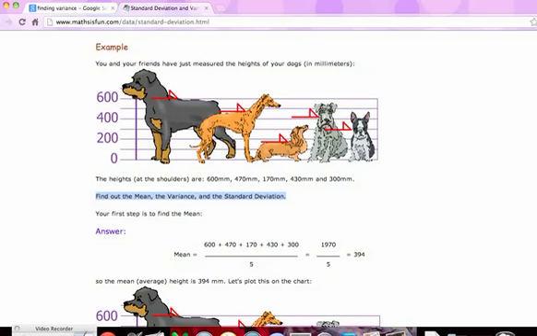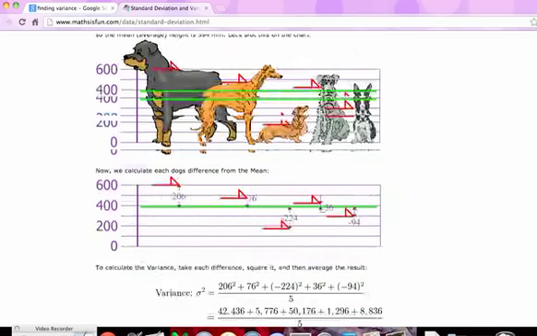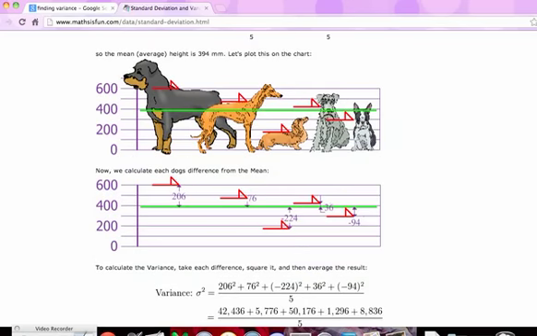206 squared, 76 squared, and notice with the negative 224, they put it inside the parentheses, squared, square the 36, and then again negative 94 inside parentheses, square it. We get all these values, we divide by 5, we end up with 21,704. That is our variance for this information here.